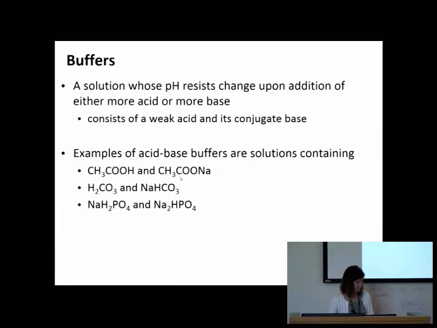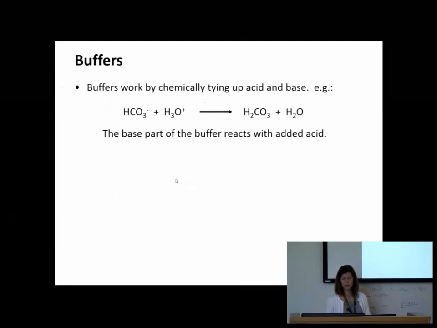How do buffers work? Now, what I'm going to do on the exam is I'm going to give you a buffer. So I'm giving you a test question at this moment. I'm not going to tell you what the buffer is, but I'm going to give you a buffer, and I'm going to say, write the equation that occurs when acid is added, or we add small amounts of base.